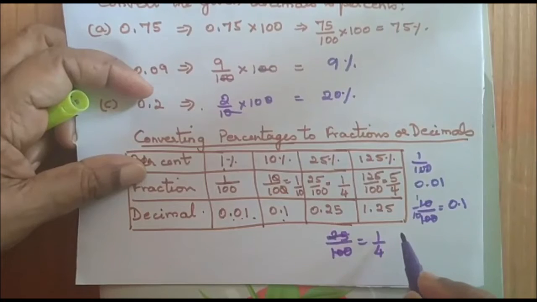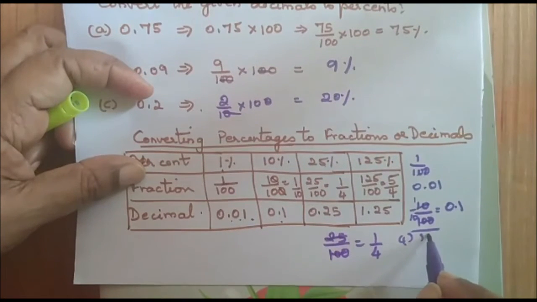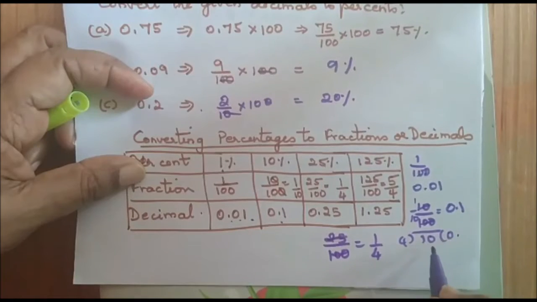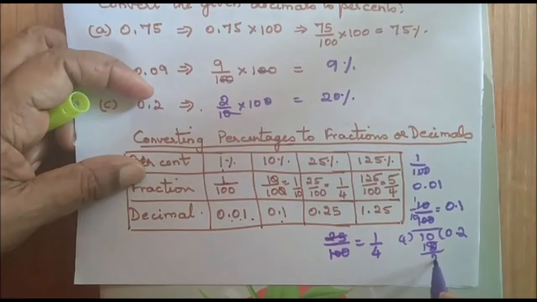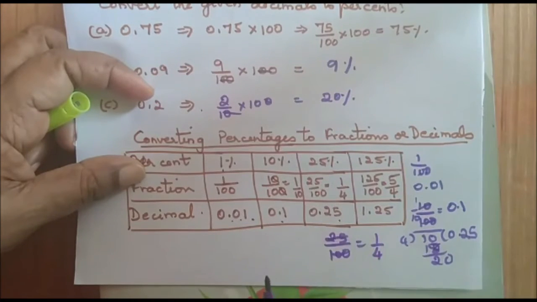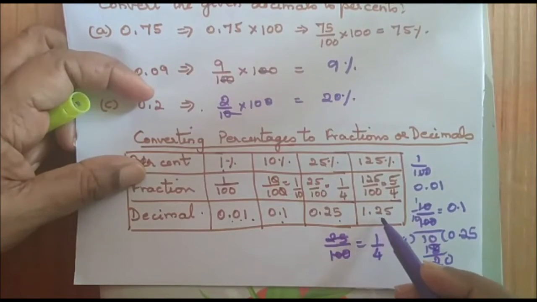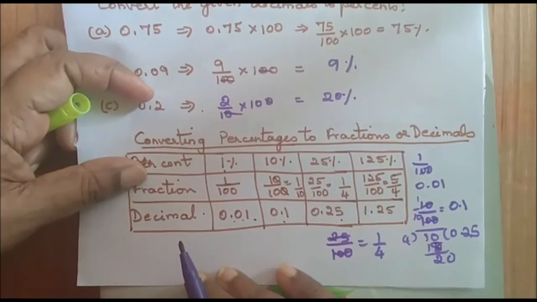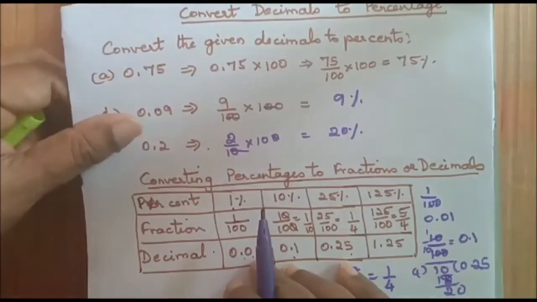If you divide 1 by 4 by the usual method, it is 0.25. Similarly, for 125%, the fraction is 5 by 4 and it is 1.25. I hope you understood how we convert percentages to fractions or decimals.